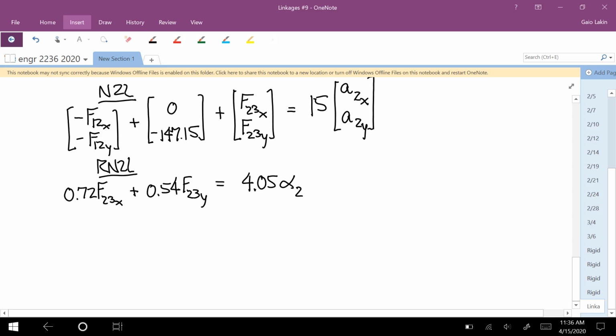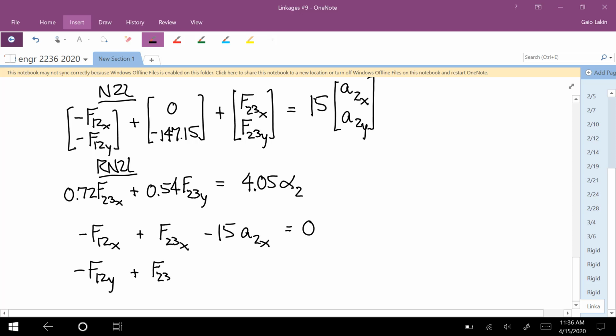And so that gives us 3 more equations. We have one that says negative F12x plus F23x minus 15A2x is equal to 0. The second one says negative F12y plus F23y minus 15A2y is equal to 147.15.